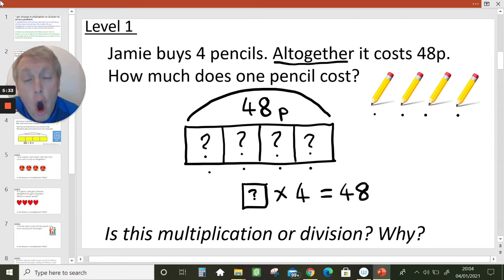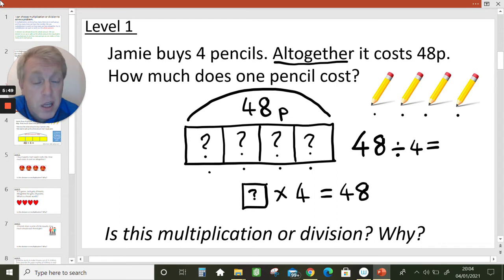We know the whole is 48. We split it into 4 equal parts. This must be a division problem. 48 divided by 4. We use our 4 times table. How many 4s make 48? And the answer is 12.